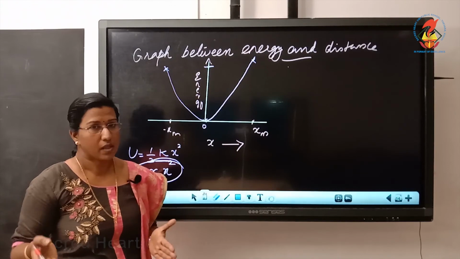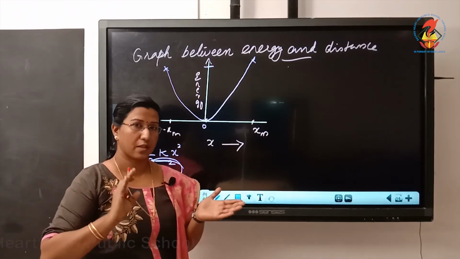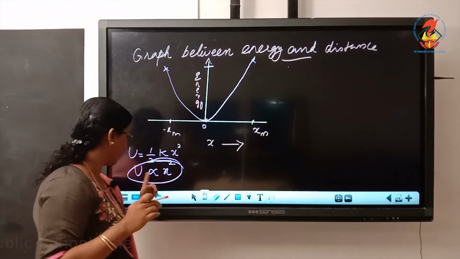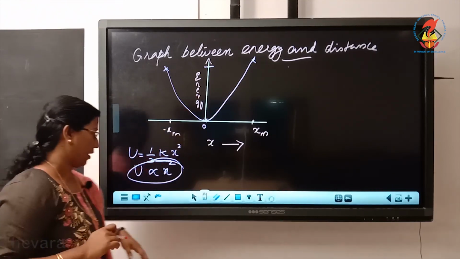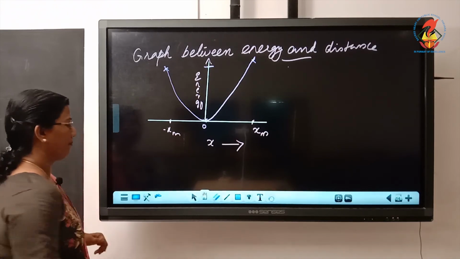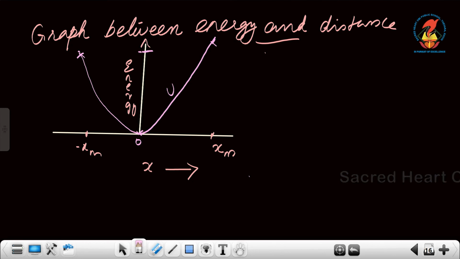If y is equal to x, the shape of the graph will be a straight line. If the equation is relating y is equal to x square, the shape of the graph will be parabolic. In our case, potential energy is proportional to x square, so the shape of the graph will be parabolic.